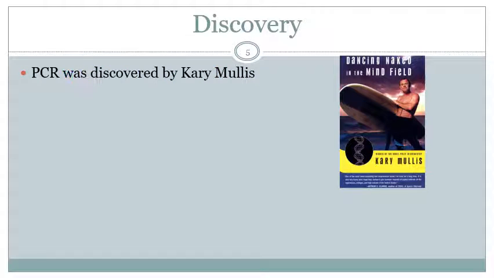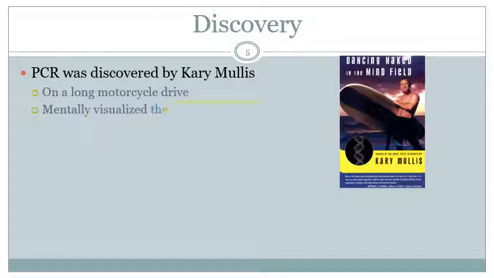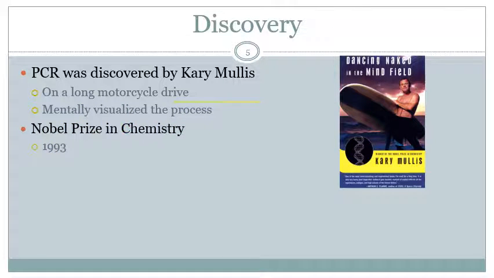As far as the discovery of PCR is concerned, a scientist named Kary Mullis, on a long motorcycle drive, was thinking, mentally visualizing the process, and he also got the Nobel Prize in 1993.